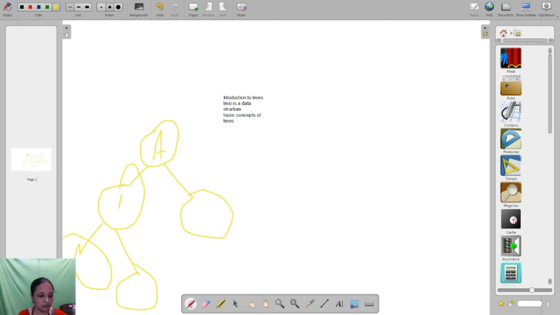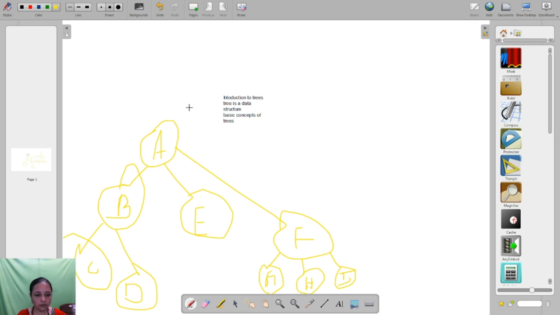So A, this one is B, this one is C, this one is D, this one is E. Here, this one is F. The F node has other nodes, G and H, and this one is I. So these are the nodes.